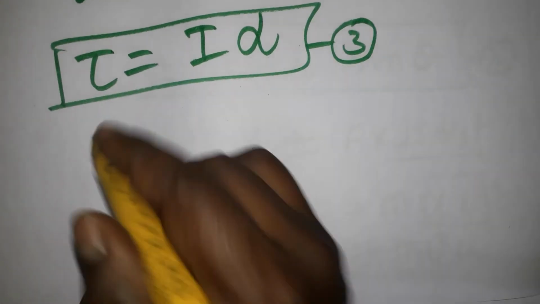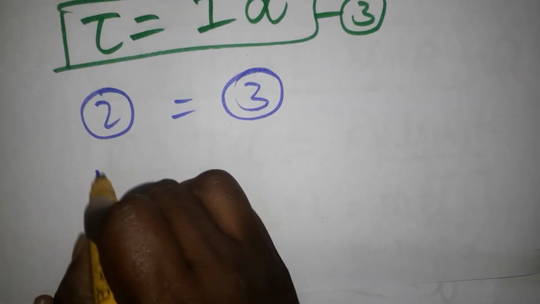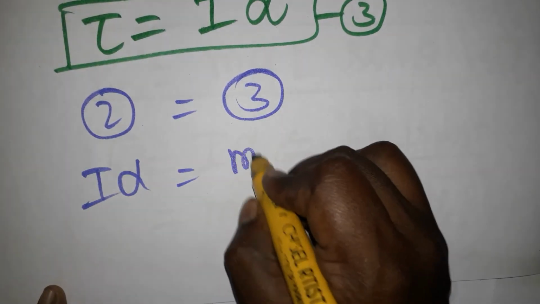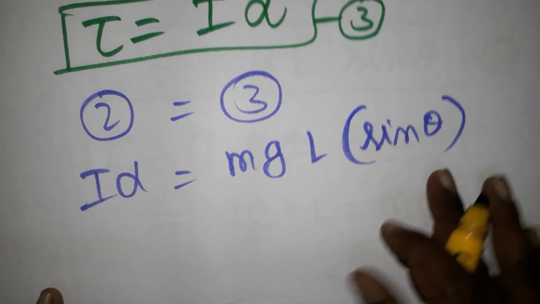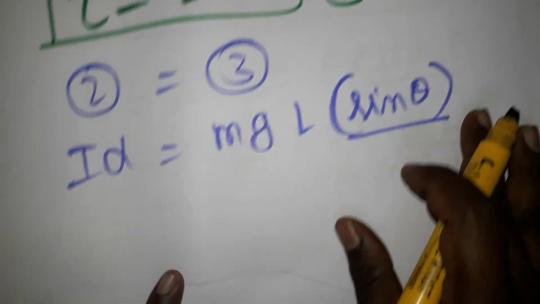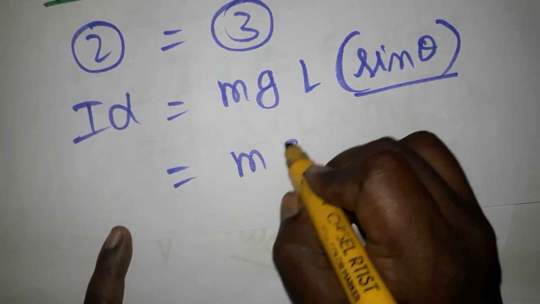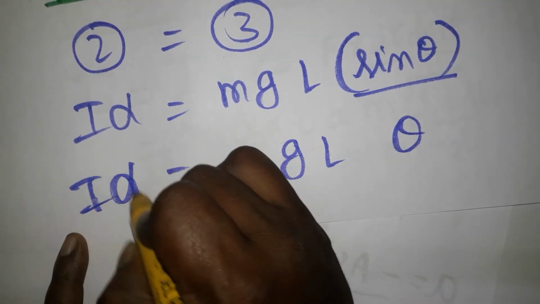Now compare equations 2 and 3. Equation 2 is equal to equation 3, both representing torque. So I alpha is equal to mg L sin theta. Sin theta will be very small; when this angle is small, sin theta is equal to theta. So mg L theta is equal to I alpha.